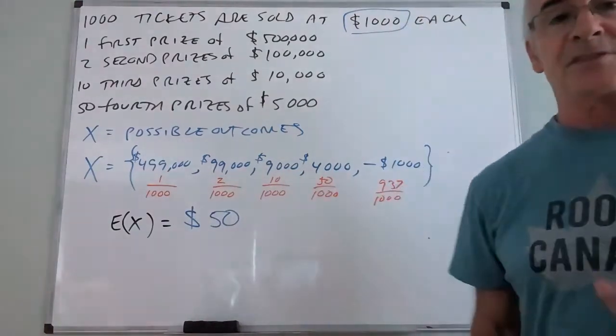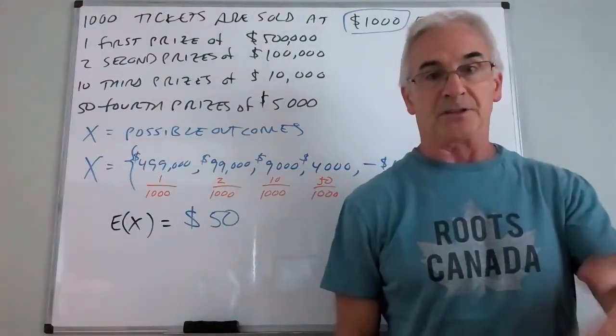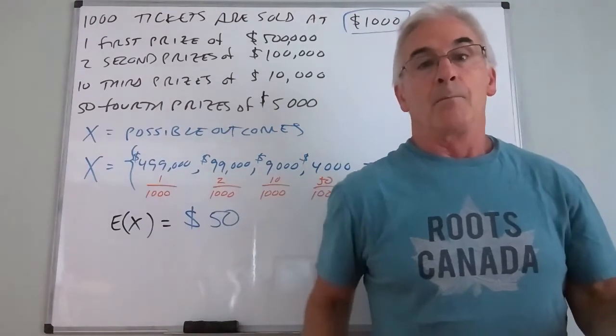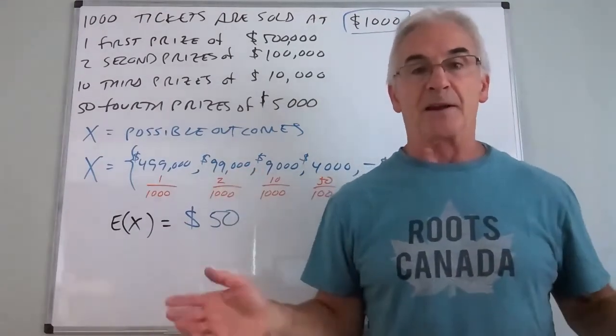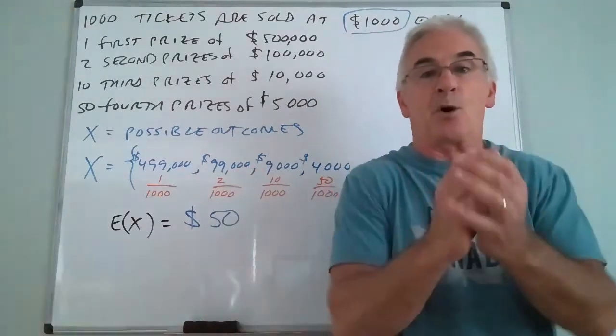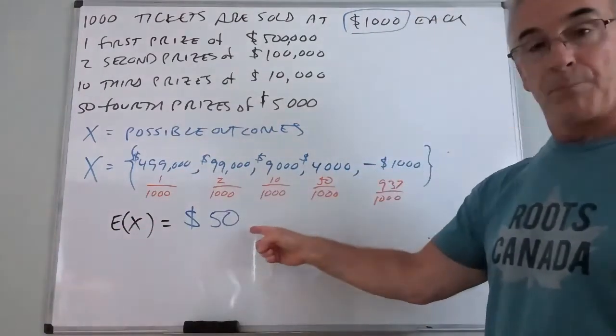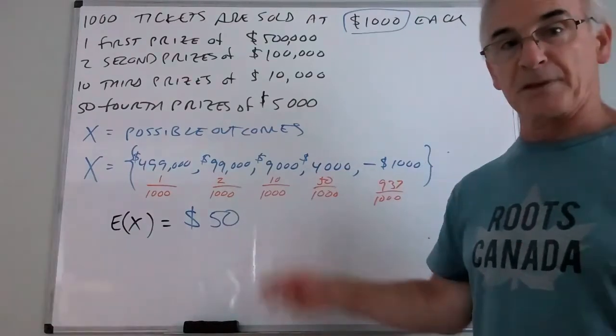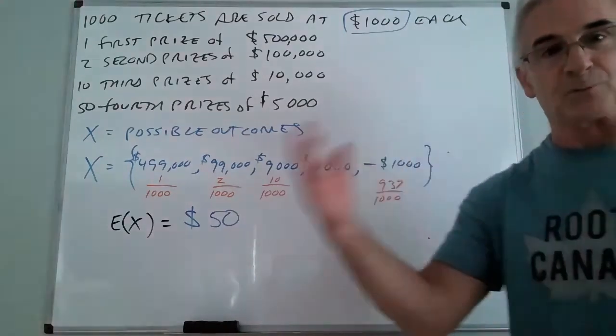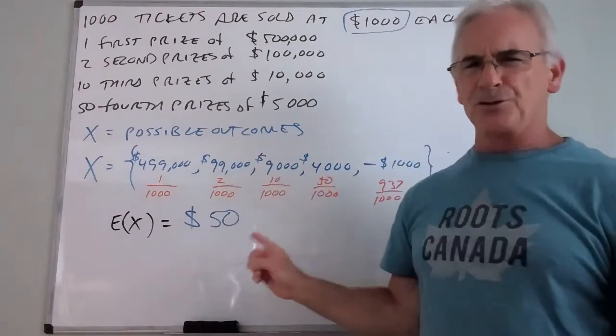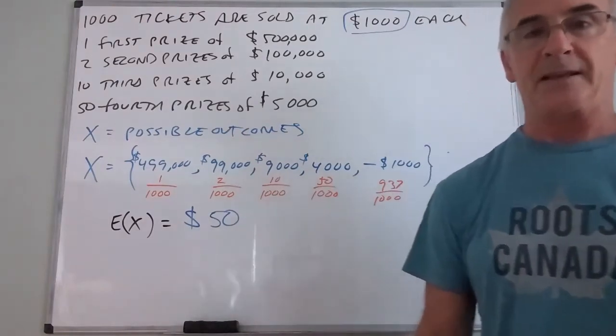So each person who buys a raffle ticket is either going to win or lose something. But the expected value, the expected return, which is the same as the overall average of every single person who bought a raffle ticket, is positive $50. Now, the reason this would be a lousy raffle is the people holding the raffle just lost money. So usually with a raffle, the expected value would be negative.